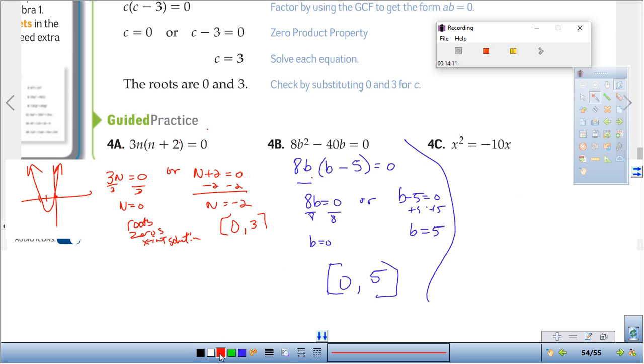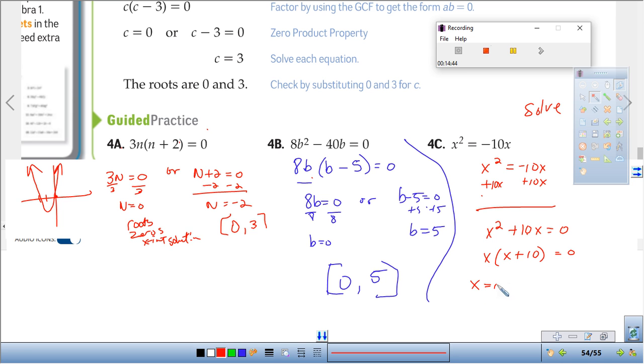Hopefully you liked it. Same thing over here. So we're going to go x squared equal to negative 10x. Remember, they said to solve. The directions are solve. Solve means to find the solution. So we're going to add 10x to both sides. So we're going to have x squared plus 10x equals 0. Here, what we're going to do is factor out an x, and we have x plus 10 is equal to 0.